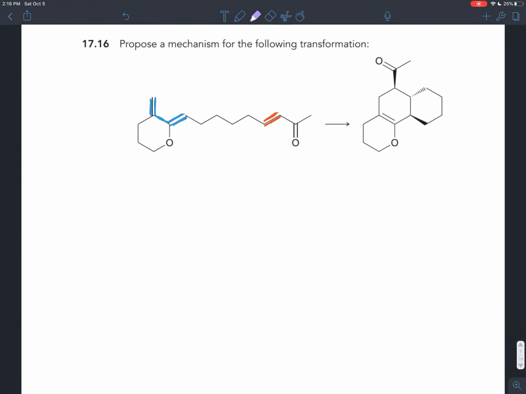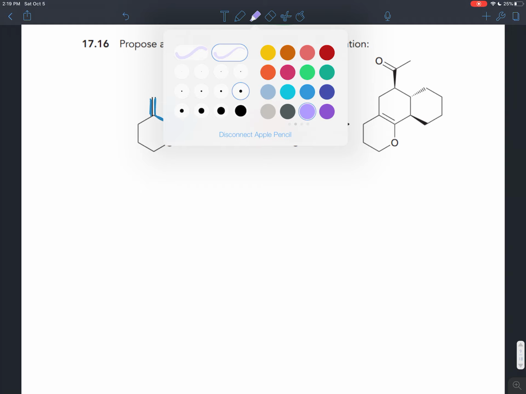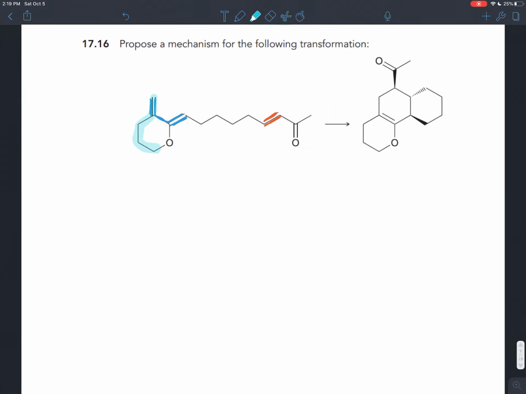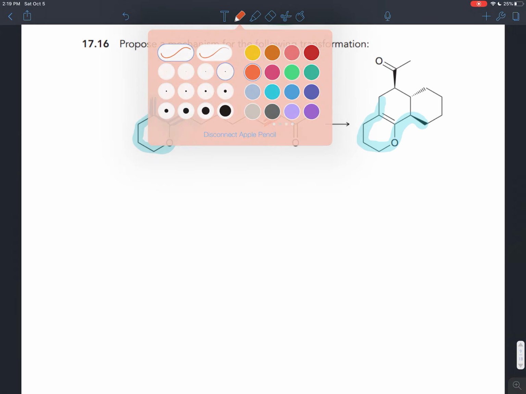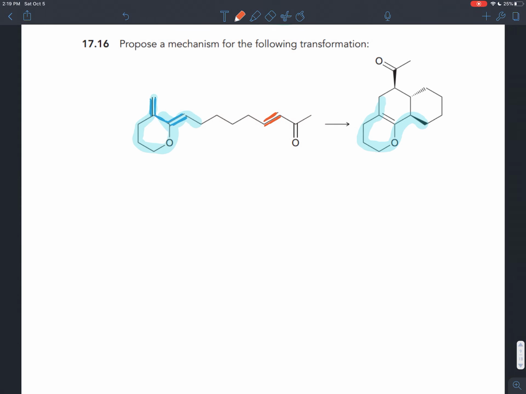So imagine you have this shape here, and that shape is matched here by these atoms. So the rest of the atoms must have curled in on themselves.